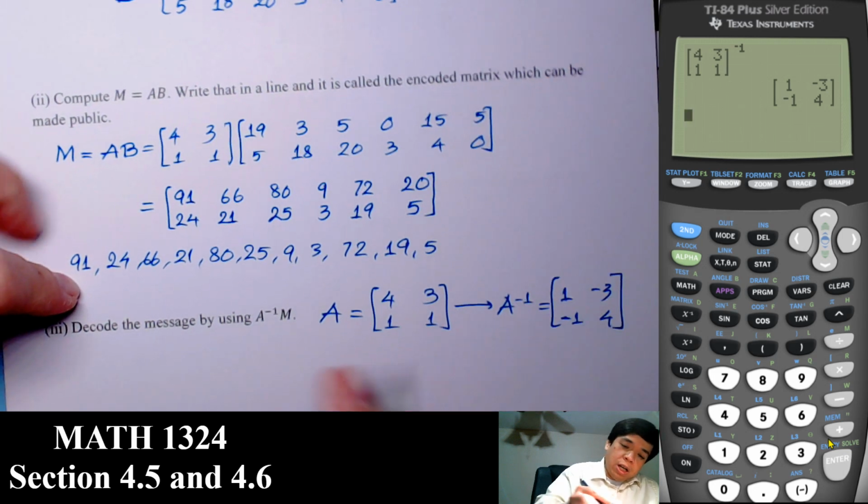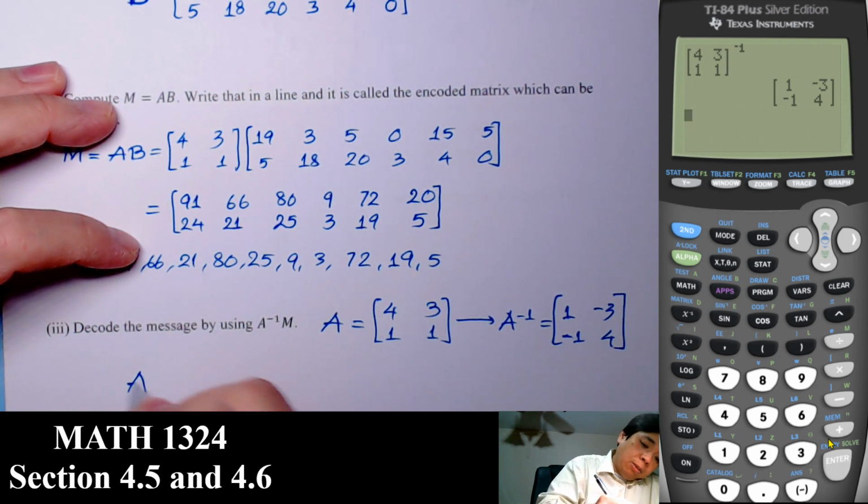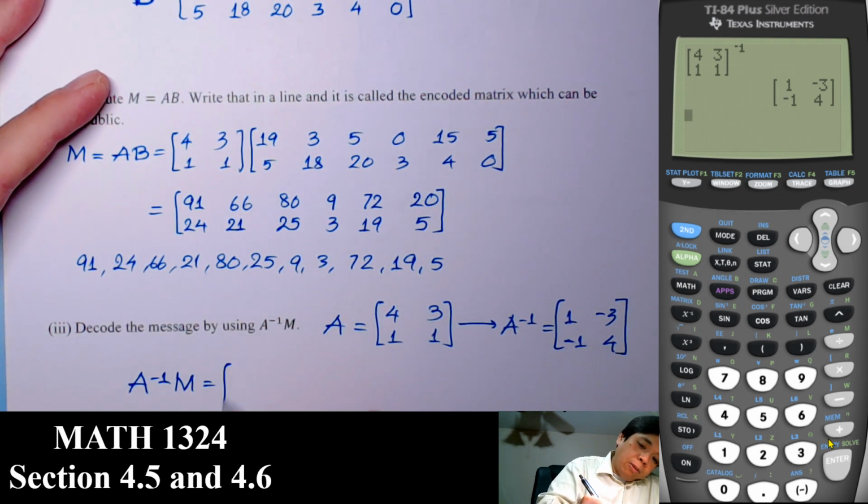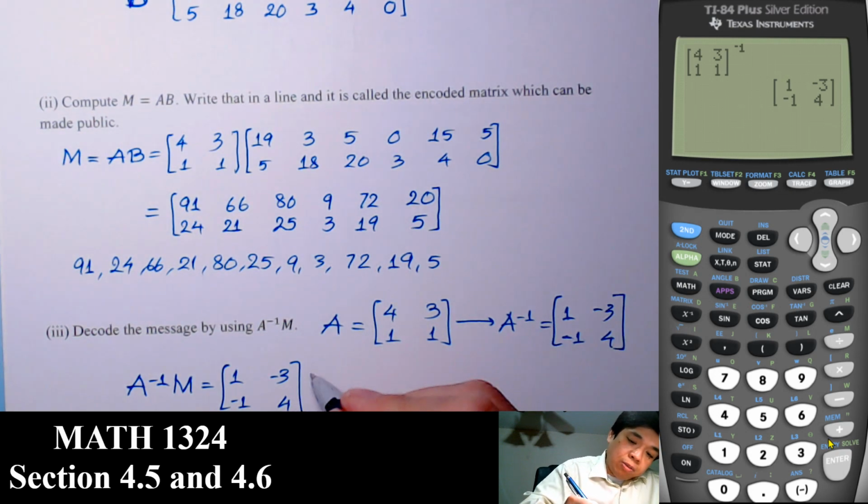So what we do is take A inverse times M, and multiply this.